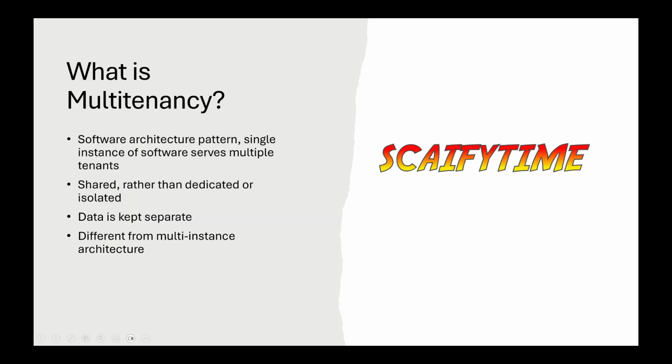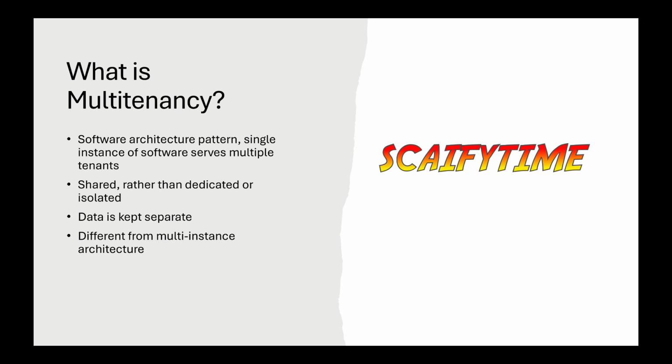So first off, what is multi-tenancy? Multi-tenancy is a software architecture pattern in which a single instance of software runs on a server and serves multiple tenants. These systems are designed to be shared rather than dedicated or isolated. In a multi-tenant system, multiple organizations or tenants share the same software instance while keeping their data separate.